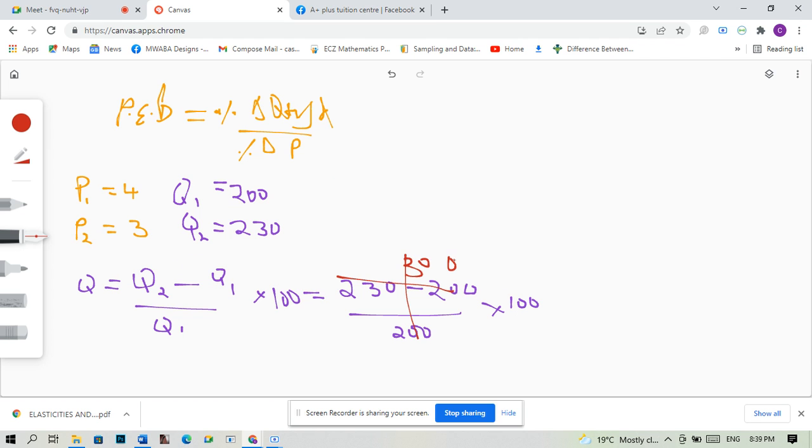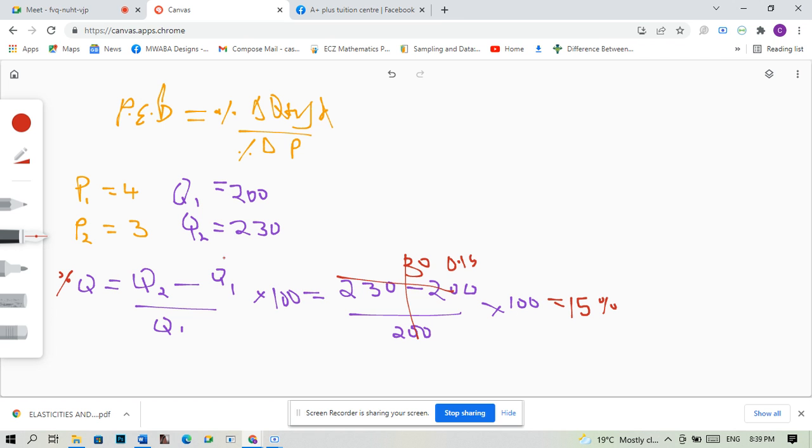So 0.15 times 100 will give us 15%. So this means there's a 15% increment in the quantity demanded from 200 to 230. All right.